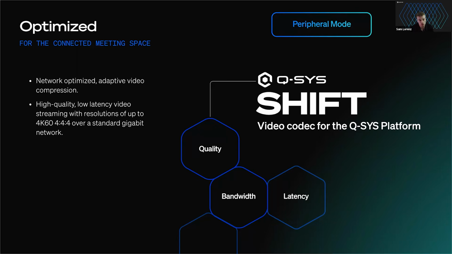This Q-SYS Shift codec, with how it functions, gives us a network optimized and lower bandwidth codec, and also allows us to encode three sources on a single gigabit connection as well.